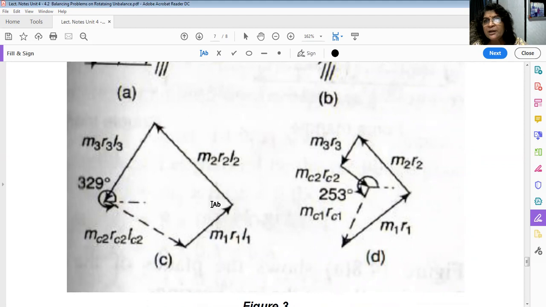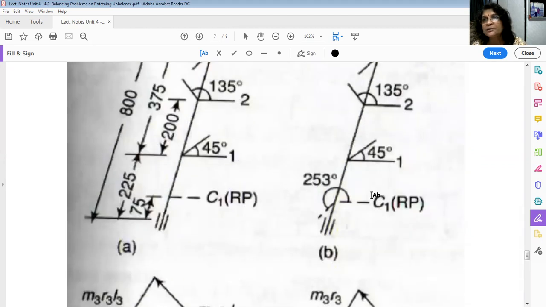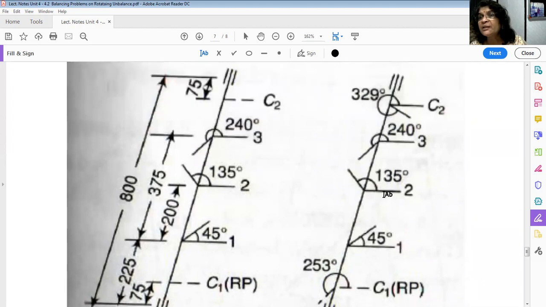Either you measure the angle every time, or see here, angular positions are given. So you have to draw a line parallel to this one for the first mass, parallel to this one for the second mass, and parallel to this one for the third mass. So you need not measure the angle every time.